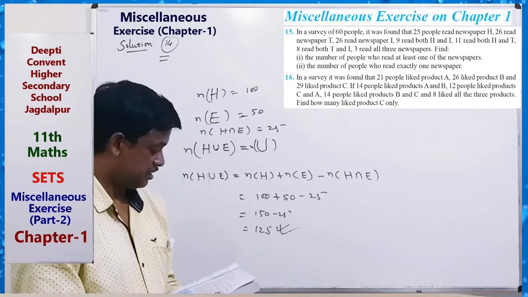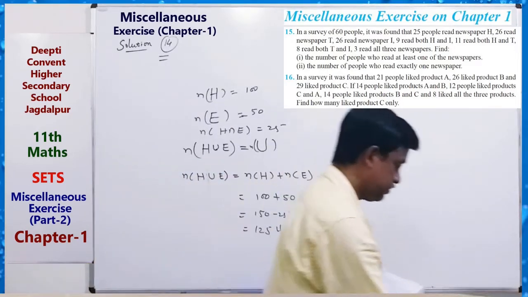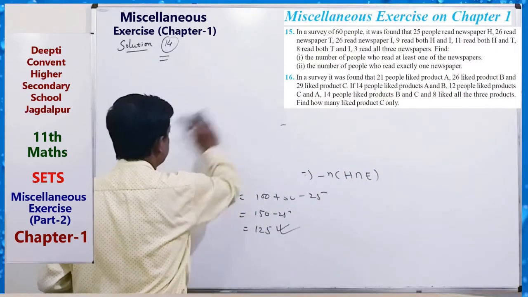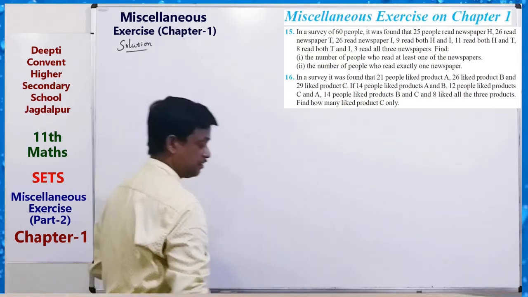And it was found that 25, here three types of mixing, three types.